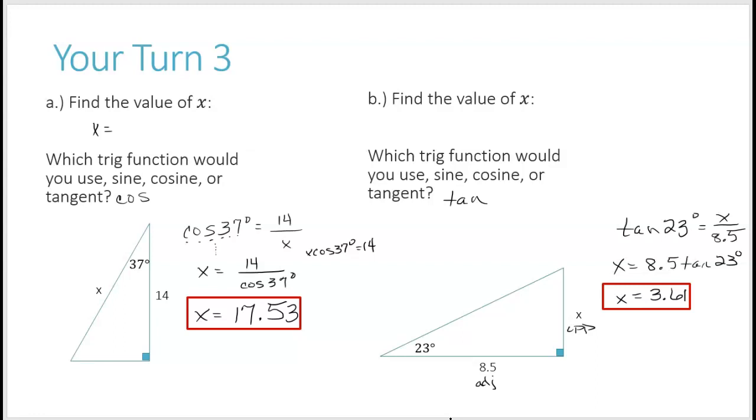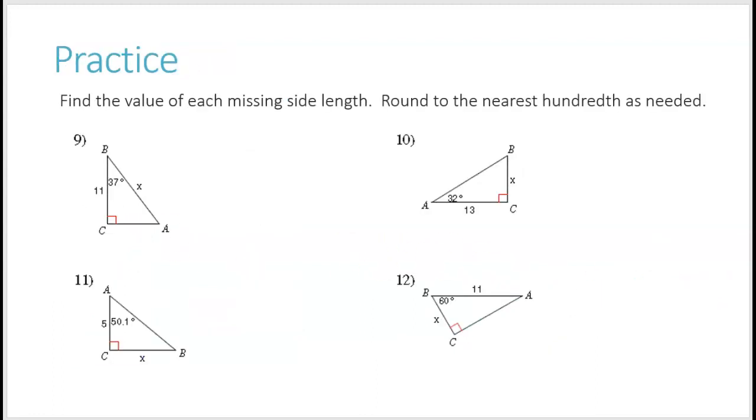So my recommendation is that you punch it in the calculator just like you see here. You would punch in 8.5 times tangent 23 degrees and then hit enter, and that will give you the most precise value that's available.